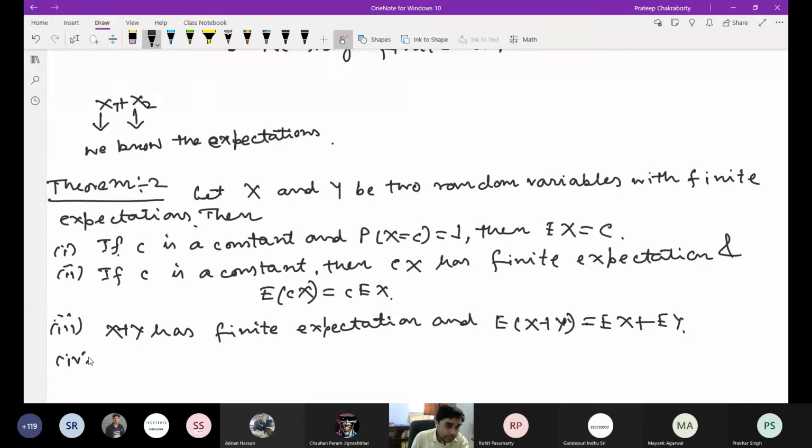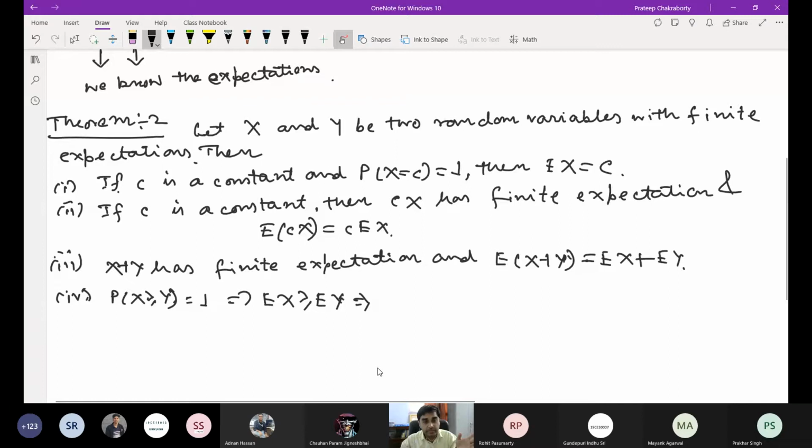If P of x greater equal to y is 1, this implies Ex greater equal to Ey. So you see everything is x greater equal to y. If that has probability 1, that actually says all about Ex. We only think about those outcomes in the sample space where the probability is 1.